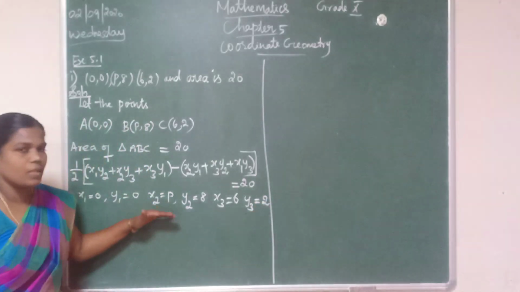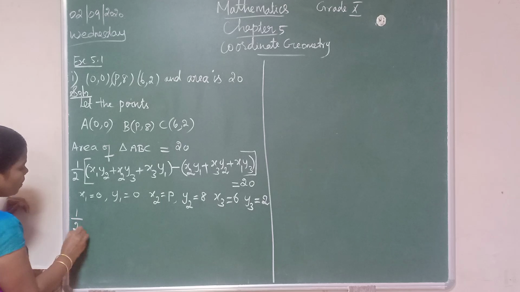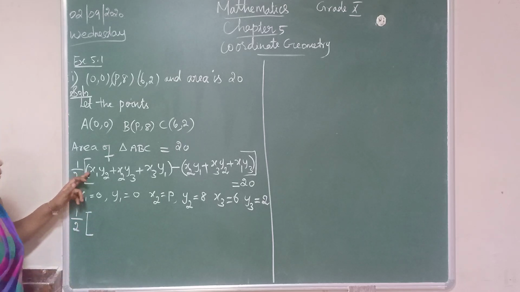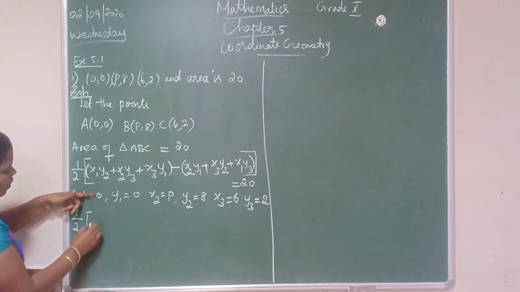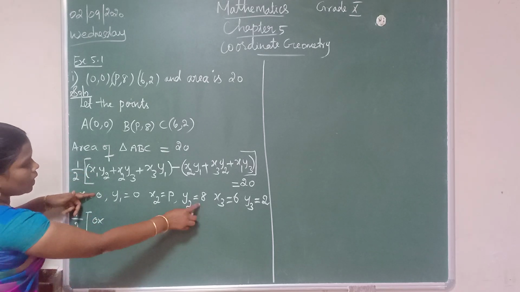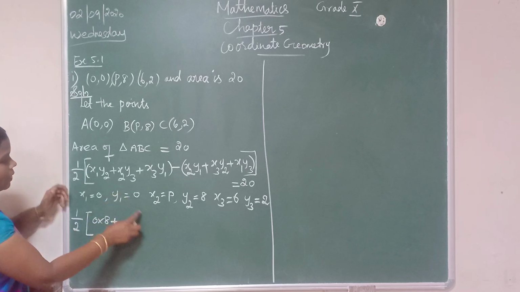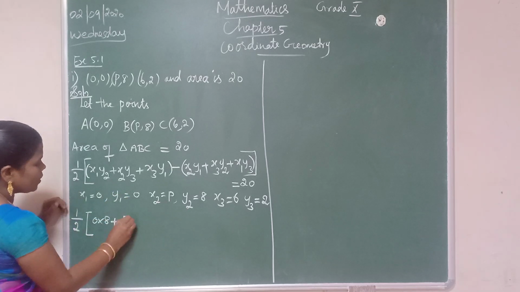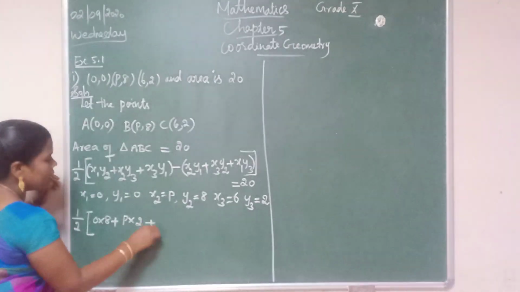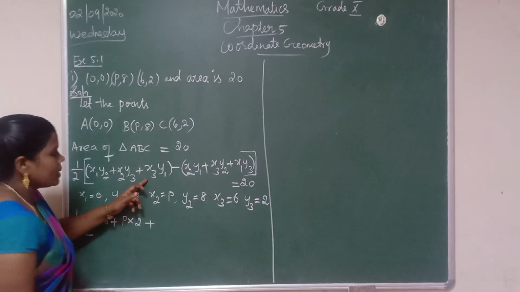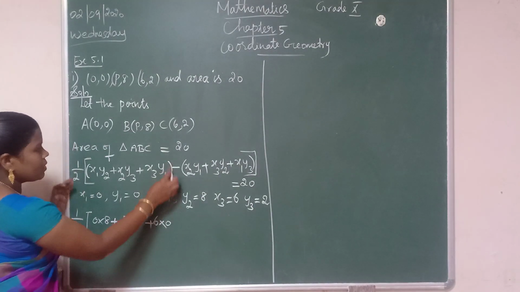Now let's substitute these values in this formula. 1 by 2 into, x1 y2: what is the x1 value? 0, into y2 value 8, plus next term x2 y3, that is P into y3, which is 2, plus x3 y1: x3 is 6 into y1, which is 0.